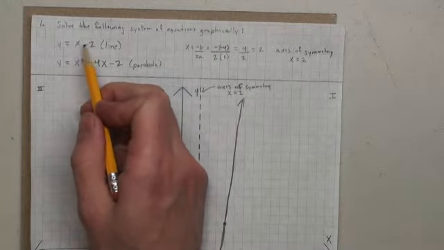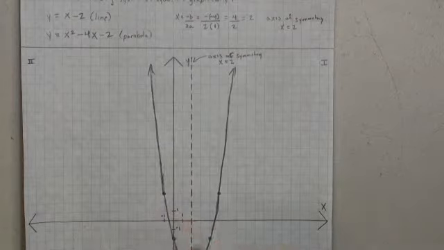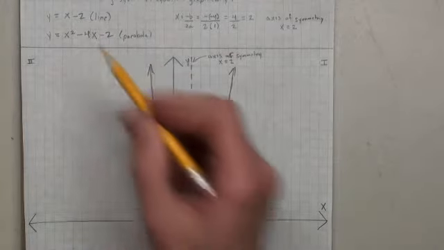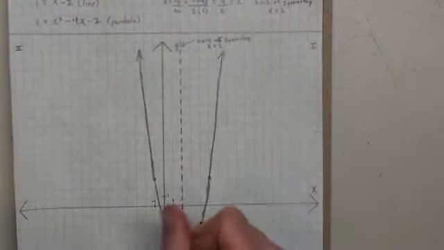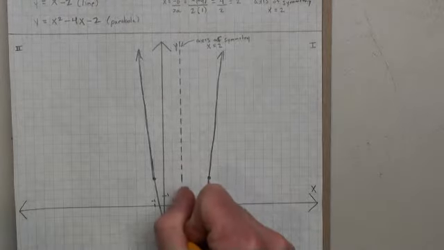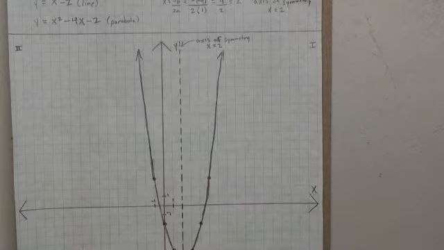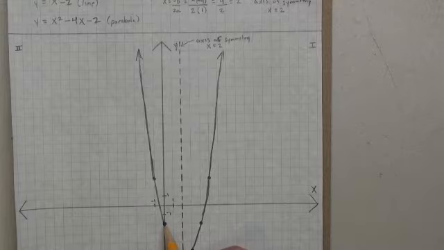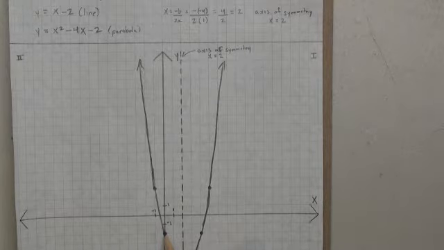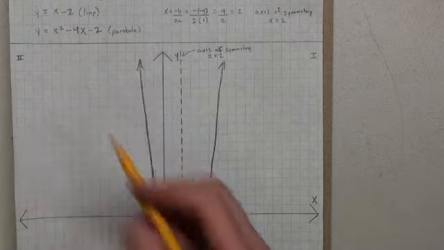It's y equals mx plus b, right? The y-intercept is -2, so I'm going to put -2, which is already a point on my parabola, so I already know one point of intersection is right here. Right, that's my y-intercept. And now my slope is 1. Right, that's what's in front of the x, a 1.